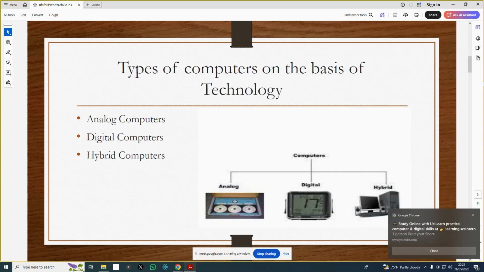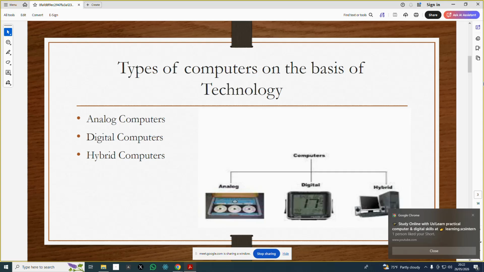How do they process data? That is technology. Under that we have analog computers, digital computers, and hybrid computers. Some people give those three as the types of computers, but those are not the only types. Those are types based on technology.